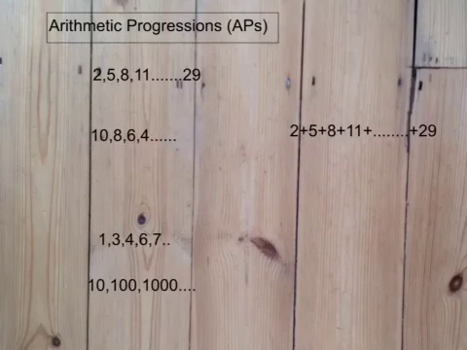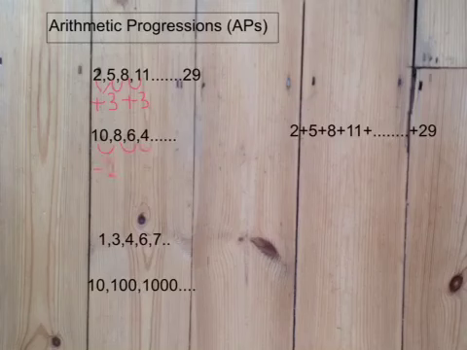Now, the first two are called an arithmetic progression. And the reason, sorry, not progression, an arithmetic sequence. The reason they're called an arithmetic sequence is, can you see that this one here goes up by 3 each time, and this one here goes down by 2 each time.